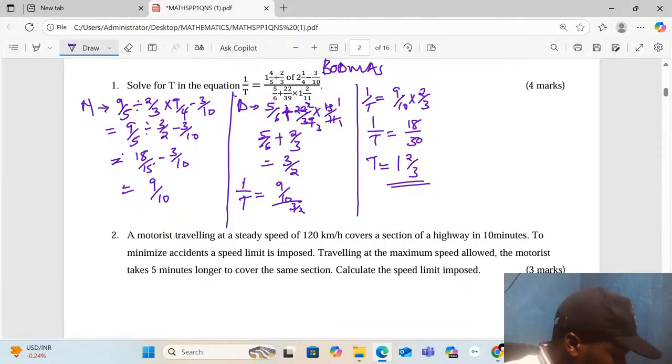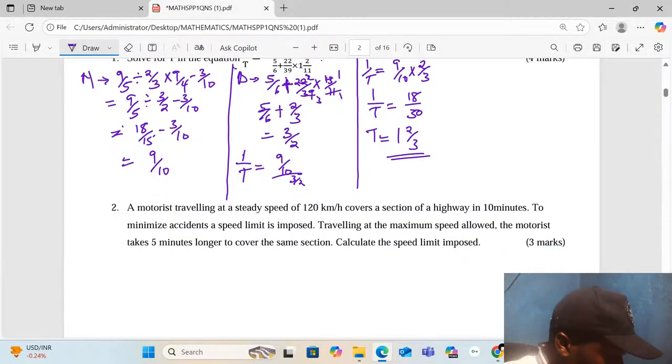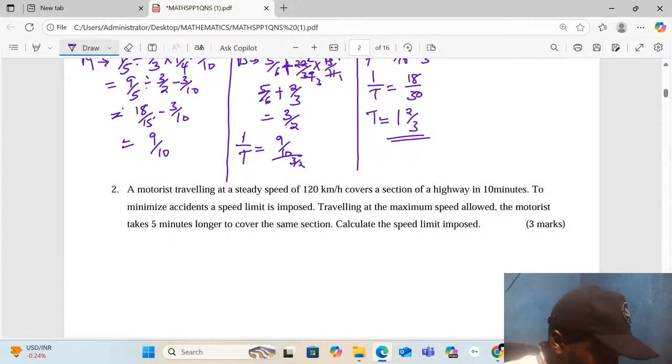Okay, we move to the second question. A motorist traveling at a steady speed of 120 km per hour covers a section of a highway in 10 minutes. To minimize accidents, a speed limit is imposed.